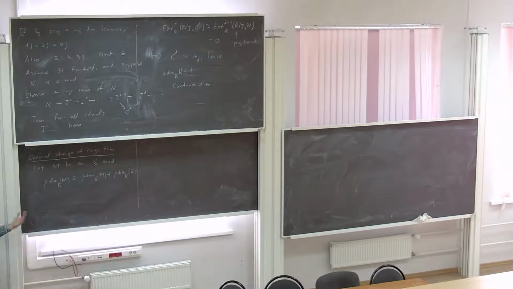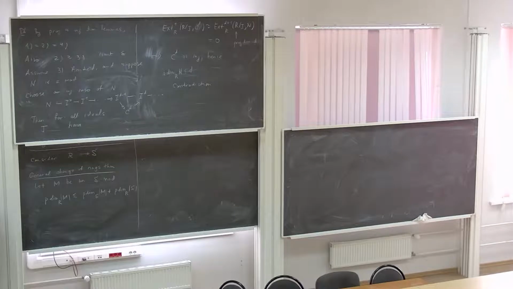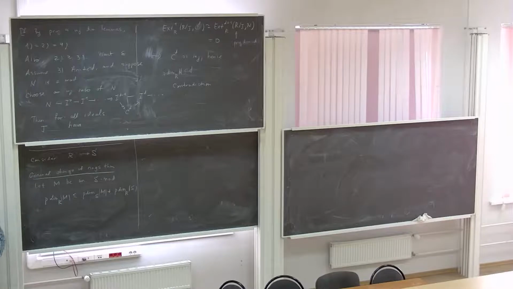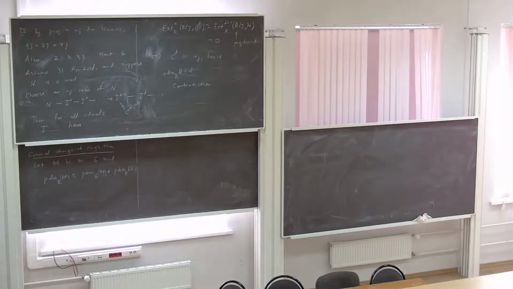And in fact, it can be much less. So for instance, if R was a field, we know a field has homological dimension 0. So if I have an S module and I restrict it to a field, it automatically becomes projective dimension 0, even if this is very big. So it can be very far from an equality in general.